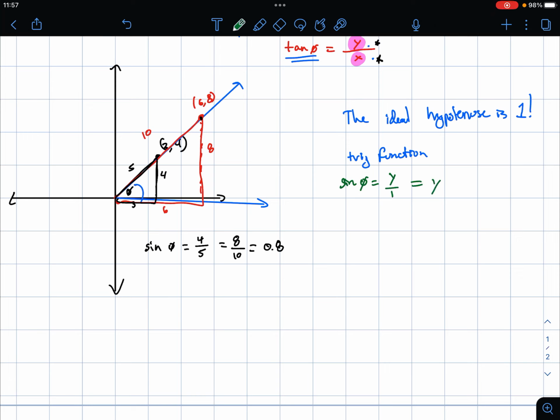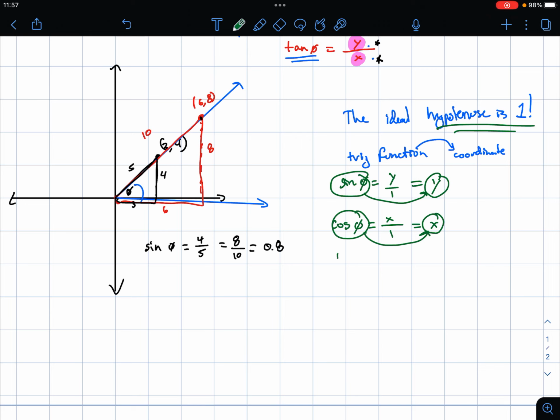So our trig function sine of theta corresponds exactly to the y-coordinate, so long as the hypotenuse is 1. So sine of theta is just the y-coordinate, if that hypotenuse is 1. Cosine of theta, then, would be the adjacent, the x, over the hypotenuse, 1, or just be the x-coordinate.